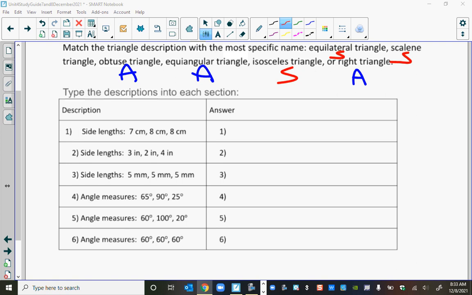All right. Who could tell us? So for number one, side lengths. I have a 7, an 8, and an 8. Which one out of the three possible side classifications?